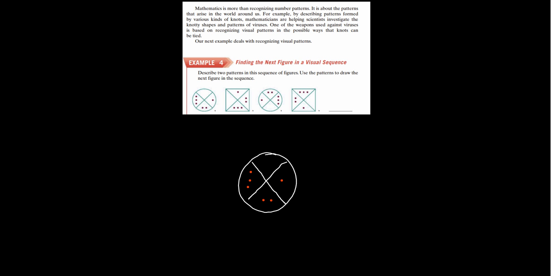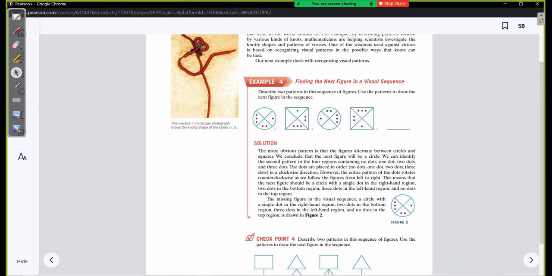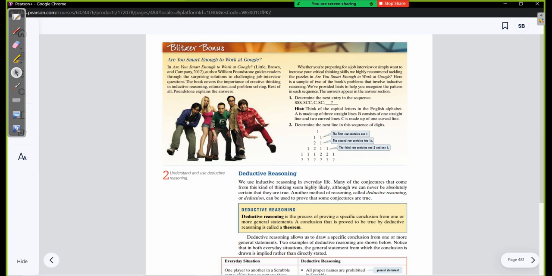We go from circle, square, and the dots also repeat themselves. All right, that was inductive reasoning.